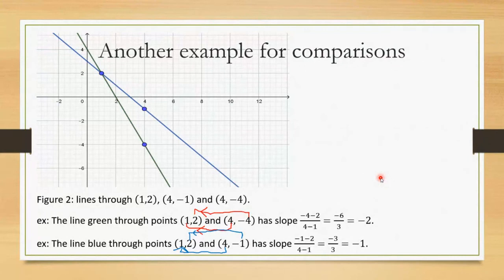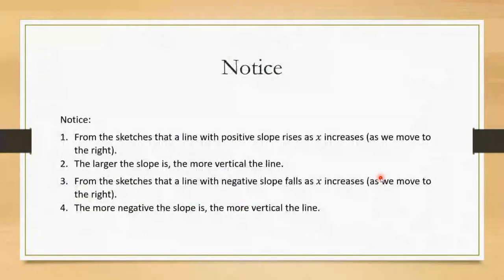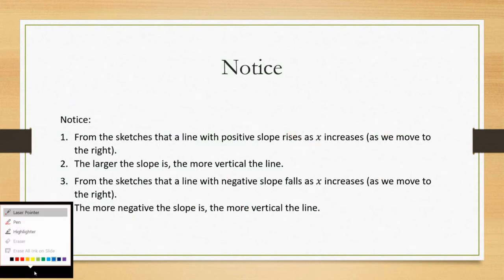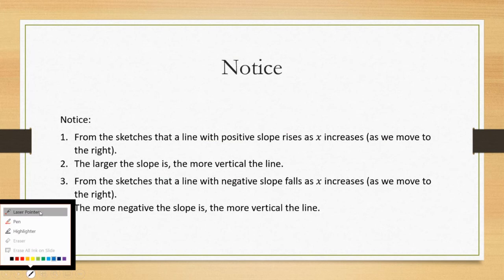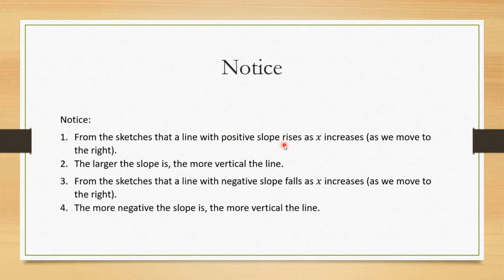Okay, so to summarize these observations we made, we have this. Any line with a positive slope, that line's going to rise as you move to the right along the x-axis. And the bigger the slope is, the more vertical the line is.